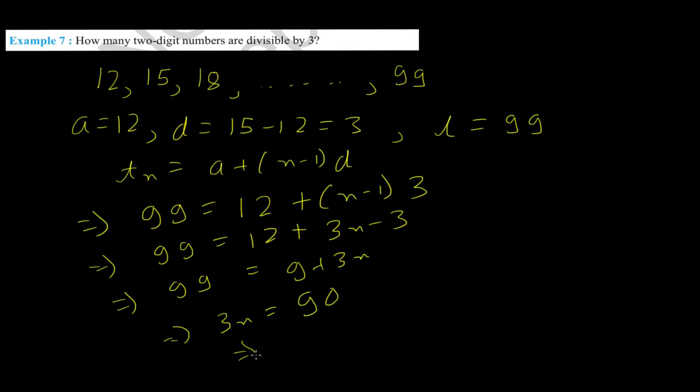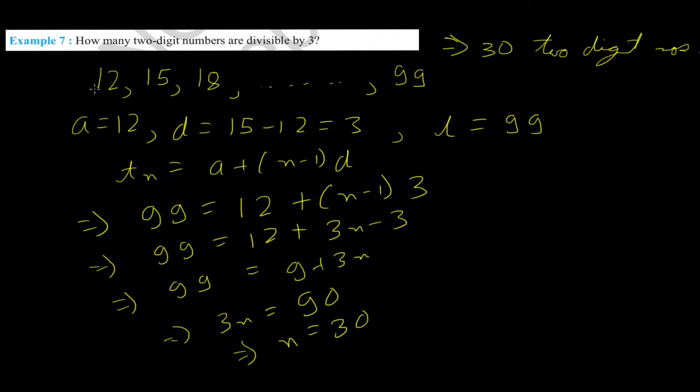So we have n is equal to 30. So what do we have here? We have 99 as our 30th term in this AP. So therefore there are 30 two-digit numbers divisible by 3.